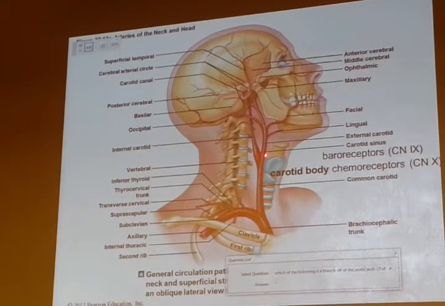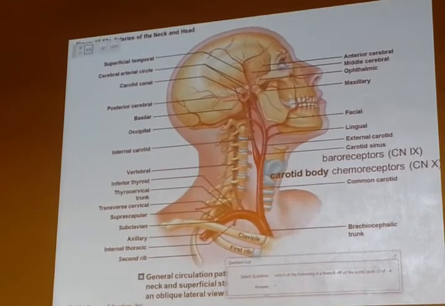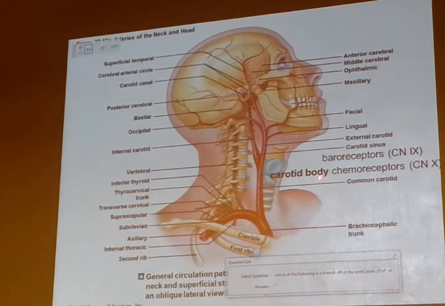In between the internal and external carotid, you've got some special cells there that are sensing the oxygen and CO2 concentrations, hydrogen ion concentrations in the blood. And those are chemoreceptors. They're measuring the gases, the particles in the blood. They're called the carotid body, as opposed to sinus. Sinus means a dilated area. Body is referring to a chunk of cells. These are hooked up to cranial nerve number 10, and they will also fire to the brainstem.